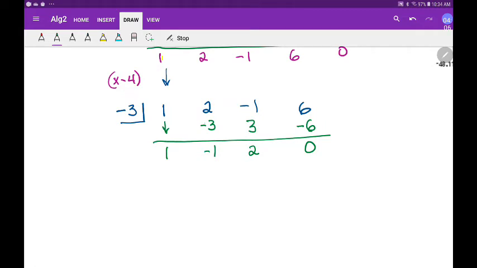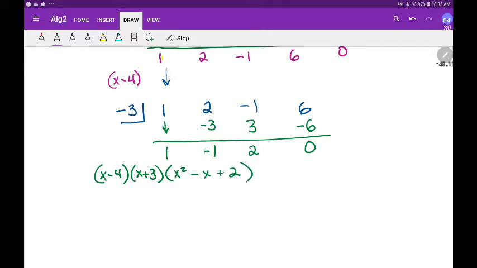So I'm going to have x minus 4. I'm also going to have x plus 3. And then I'm going to have what's left over, and that's going to be x squared minus x plus 2.